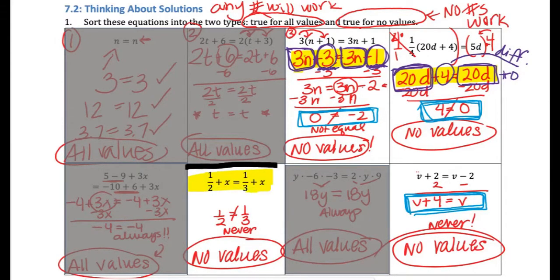Down here, my variables are the same. I have 1x on each side, but my constants are different. I have a half on the left and a third on the right. If we go to our last one, my variables are the same. I have 1v on the left and 1v on the right, but my constants are different. I have positive 2 on one side and negative 2.